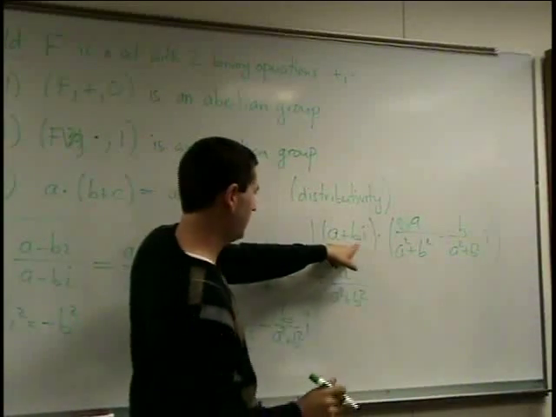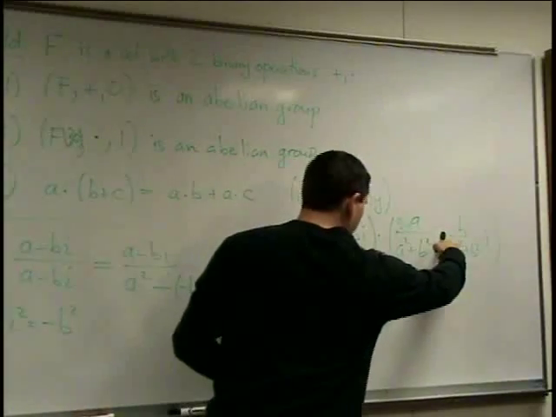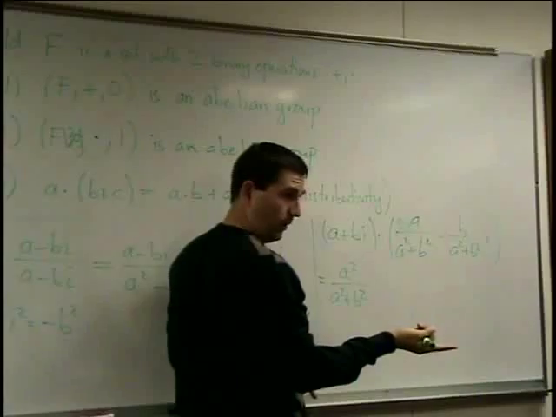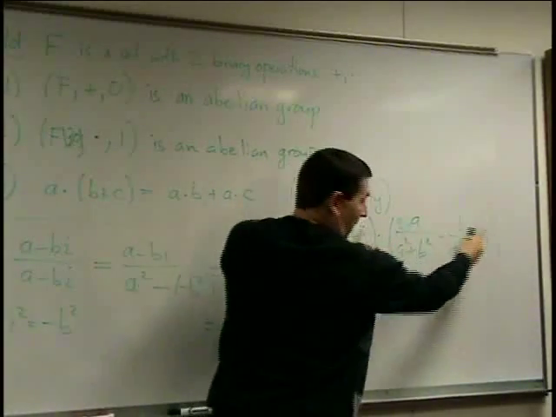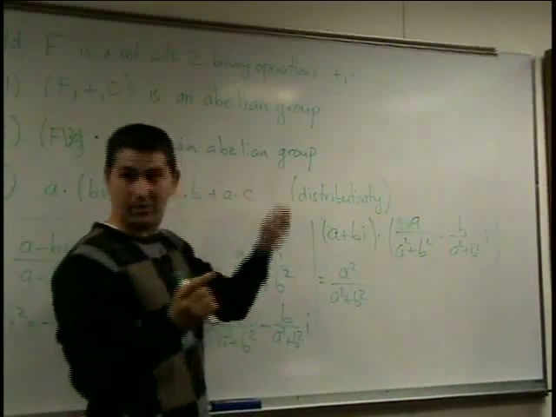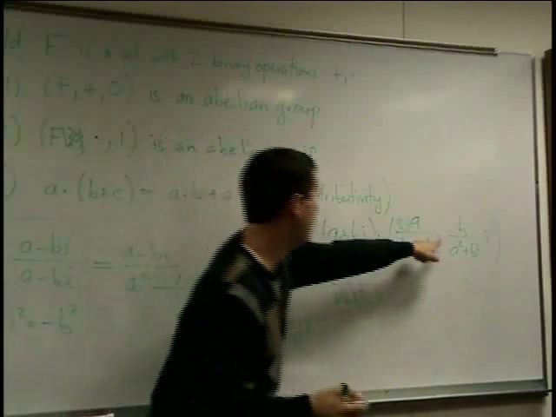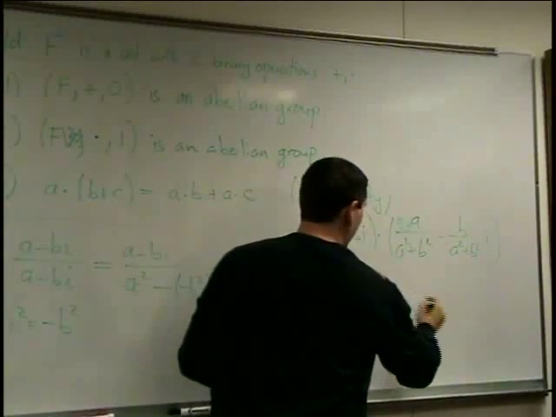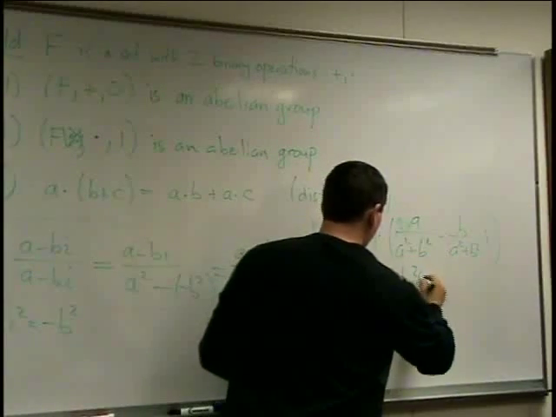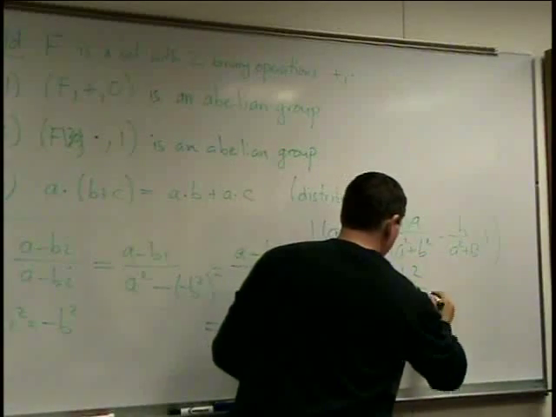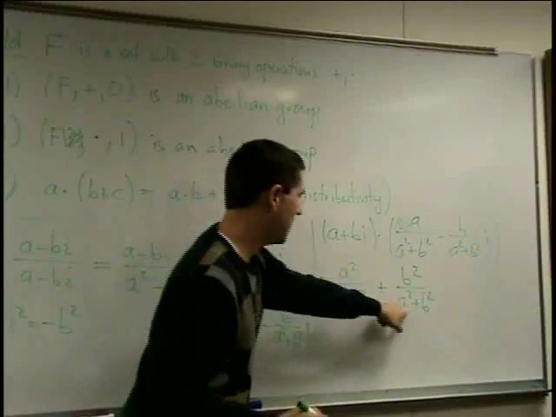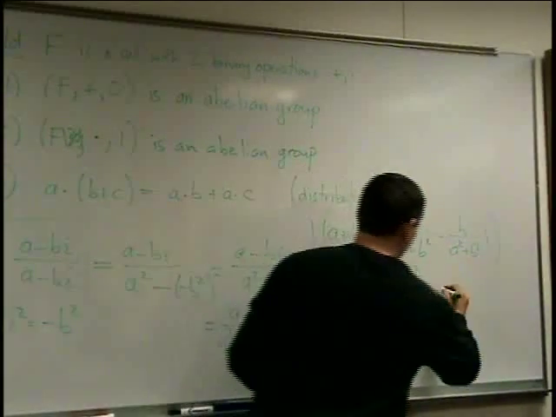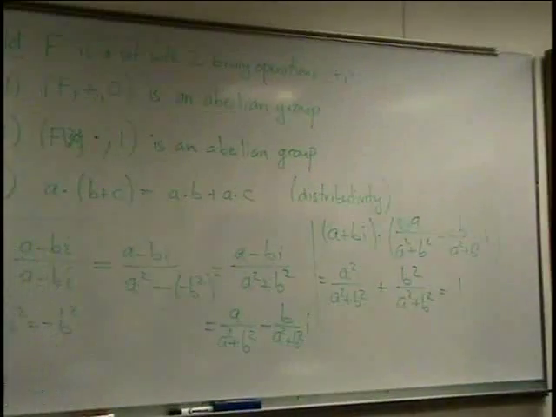Then the last thing you get is minus b times b, that's b squared, and you have an i times i, that's i squared, so that's just a minus 1. So you get plus b squared over a squared plus b squared. Since they have the same denominator, you can add them together, and you get a squared plus b squared over a squared plus b squared, and that equals 1. That works.